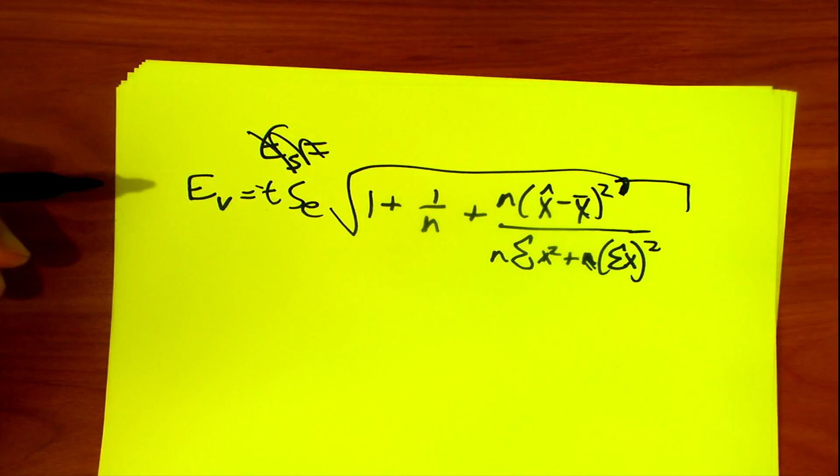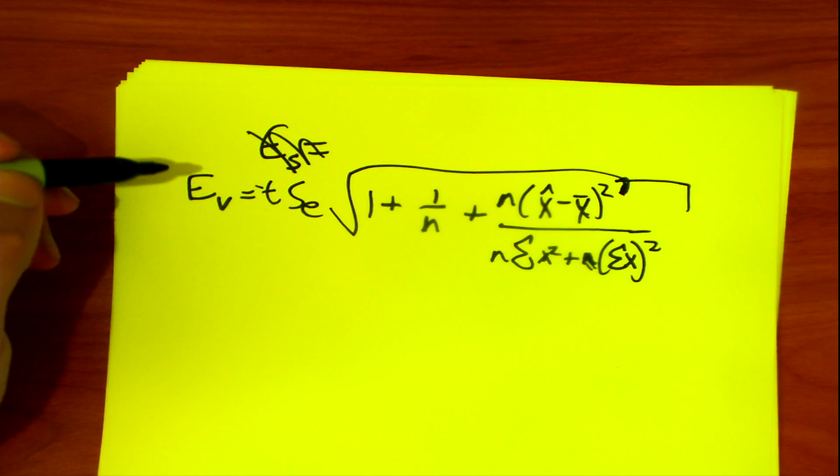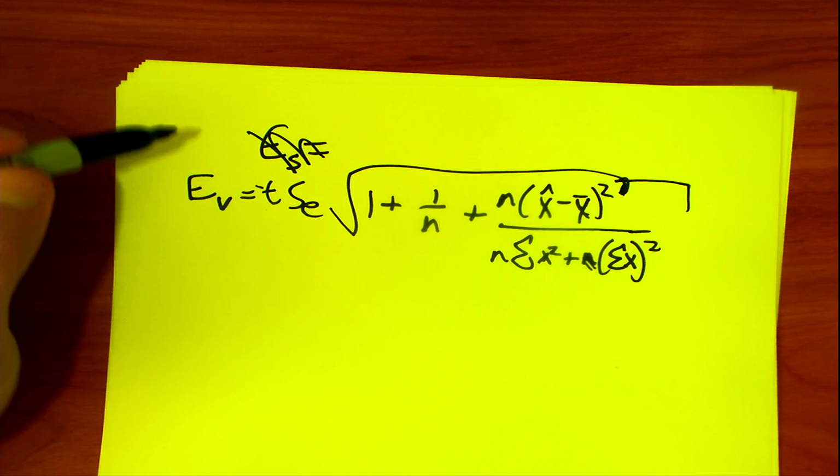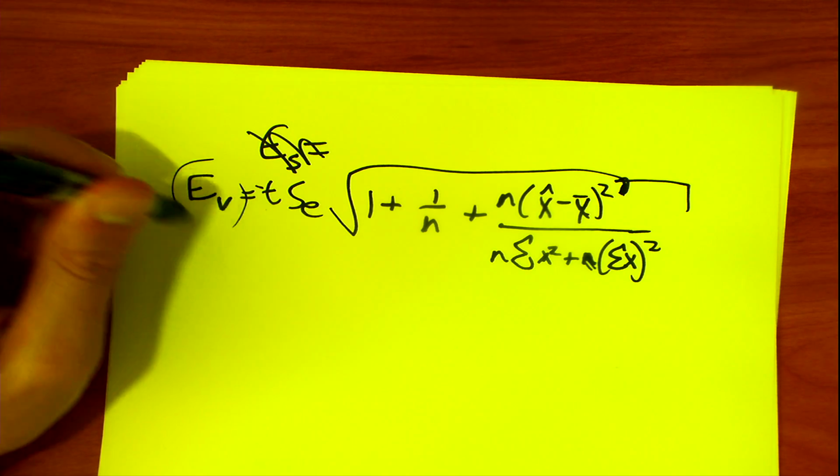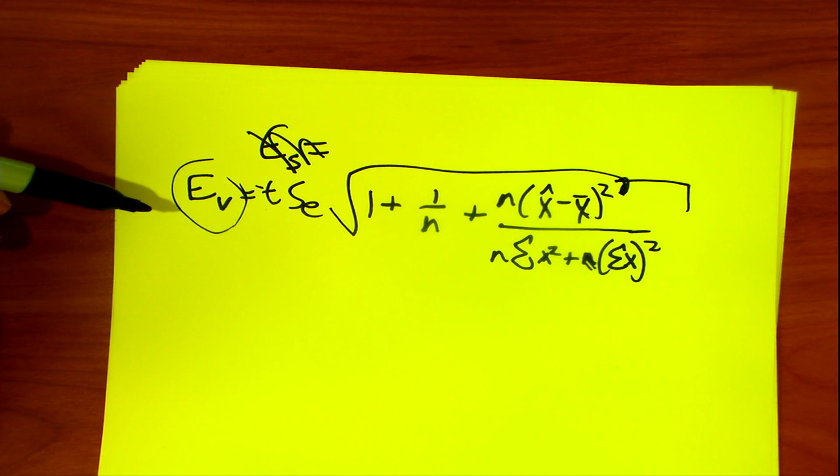The exact formula doesn't quite matter right now. When I get a value out of this, it gives me the error in my trend line, the uncertainty in the values of my trend line.